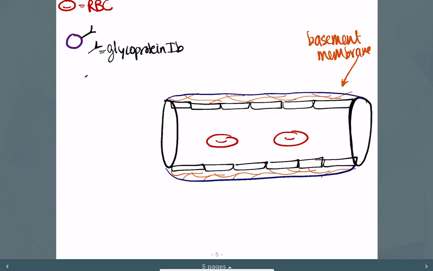The other glycoprotein I'll draw differently, like a little square, is glycoprotein 2b3a, and this is going to be hidden in the inactive state. Then floating in our blood, I'm going to draw green circles, and those will be our clotting factors.